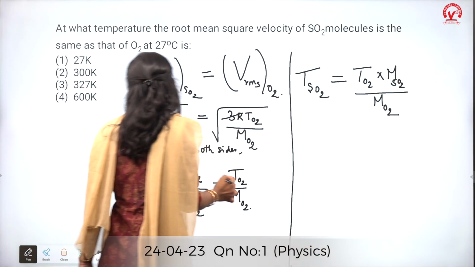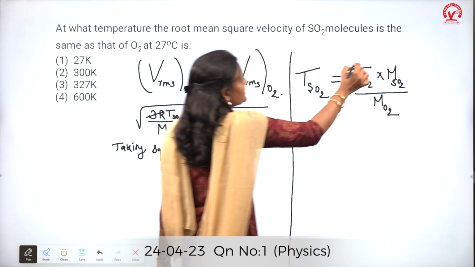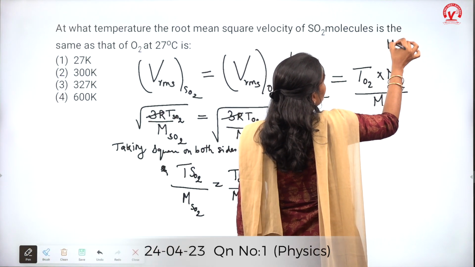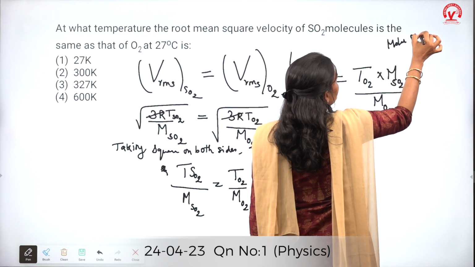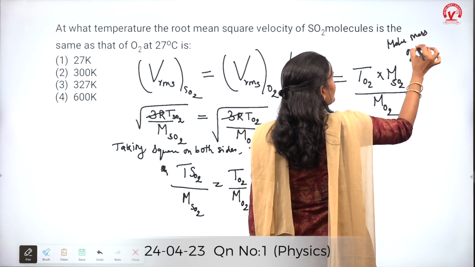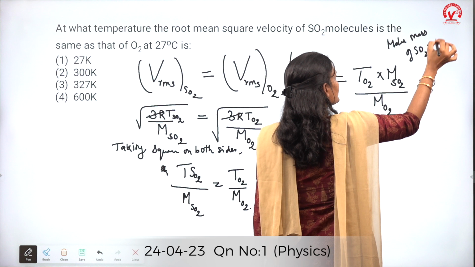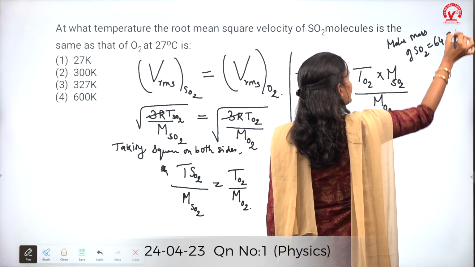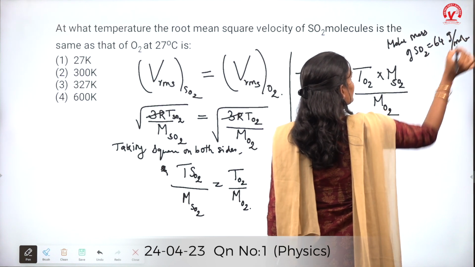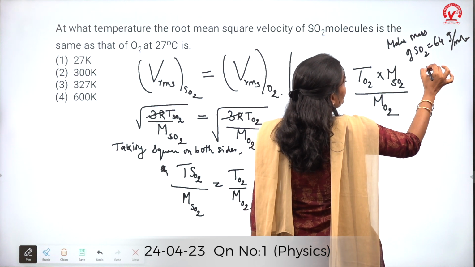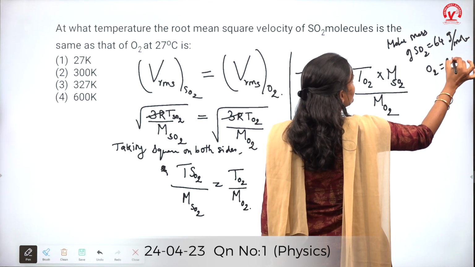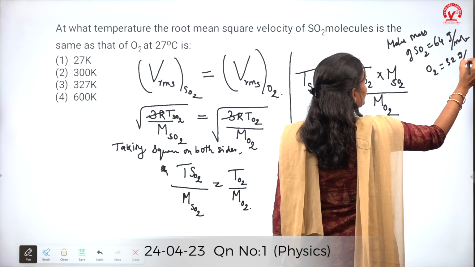We know that the molar mass of SO2 is 64 gram per mole, and for O2, 32 gram per mole.